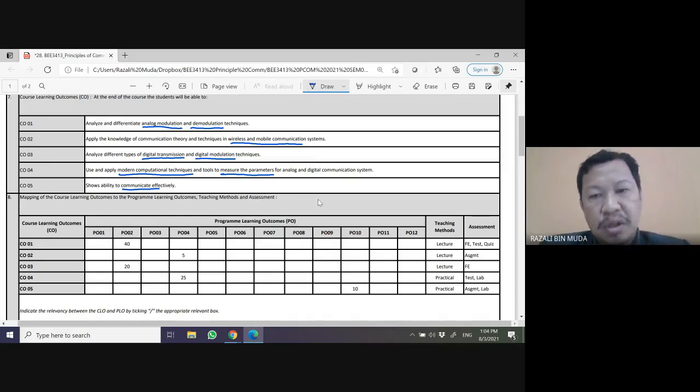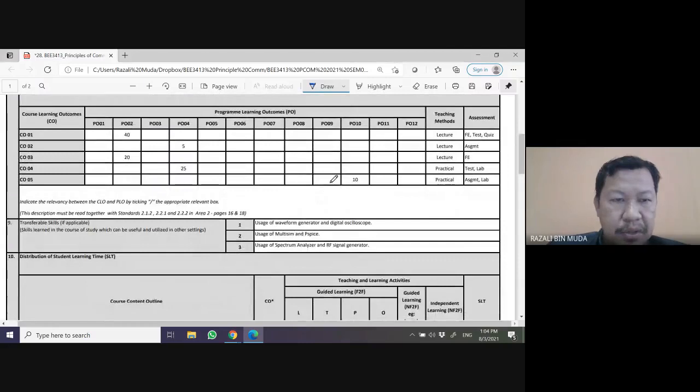Okay, so in this course we also have some program outcomes mapped into the course outcomes. This is the map where course outcome number 1 is mapped into program outcome number 2 for 40 marks.